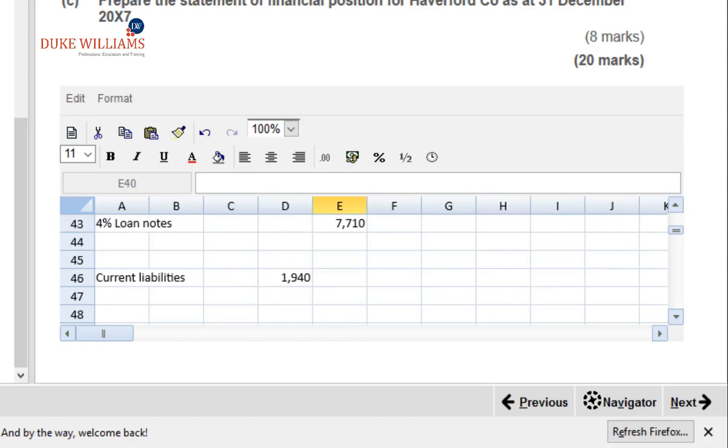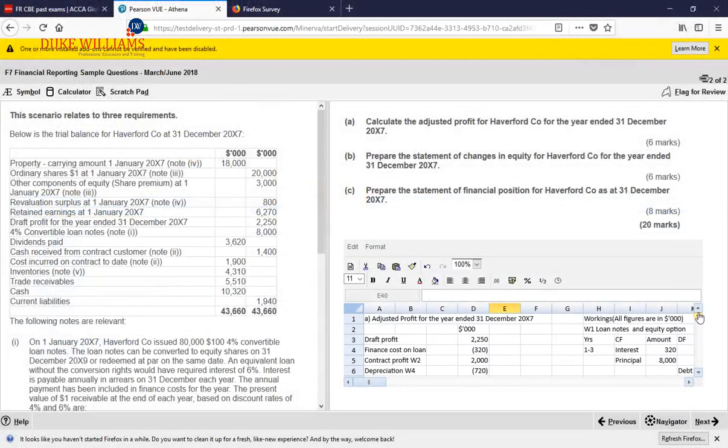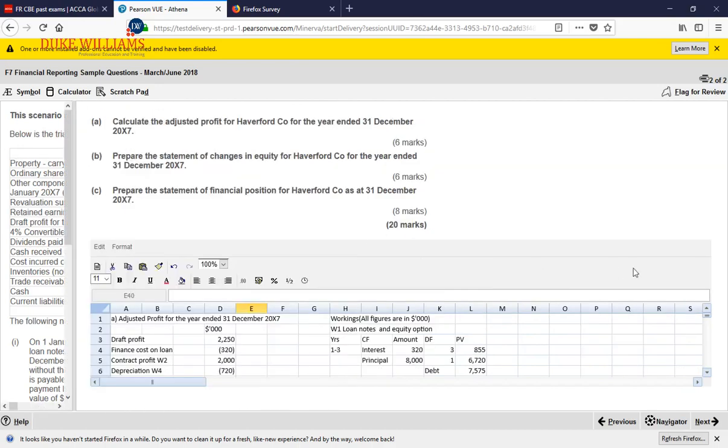So here we are. We've come to the end of the question for March-June 2018, question 2, which is Haverford single entity. So on the screen you have the work done. So let me just use the split bar to show fully what we have been able to come out with. So here we are.